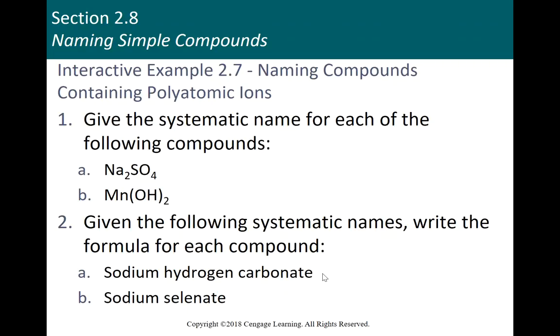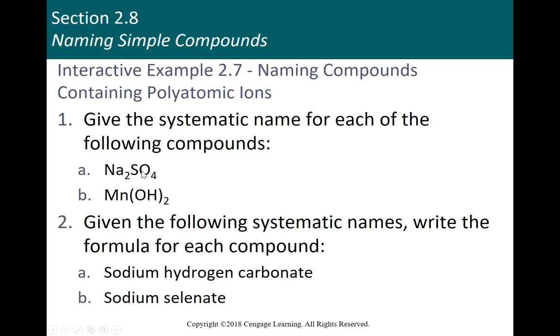When polyatomic ions are in a formula, you simply use the name. You don't change the name at all. So for example, this first one, this is sodium, this is sulfate, so this is simply sodium sulfate. Same rules as before: if you have a cation that only has one possible charge, no Roman numeral.